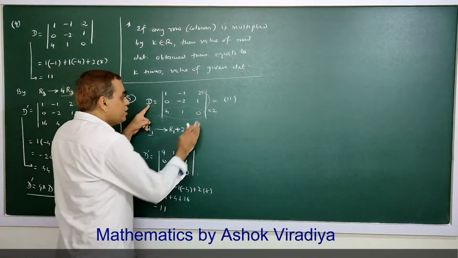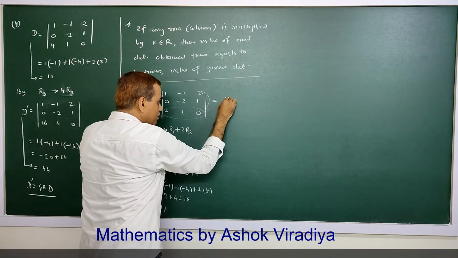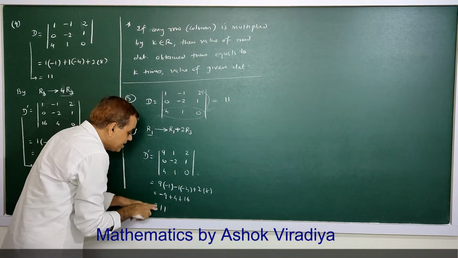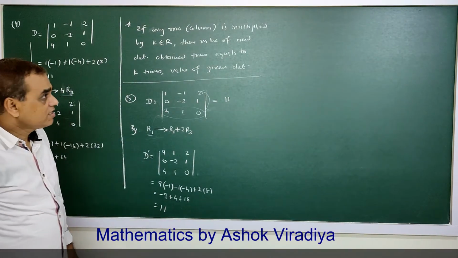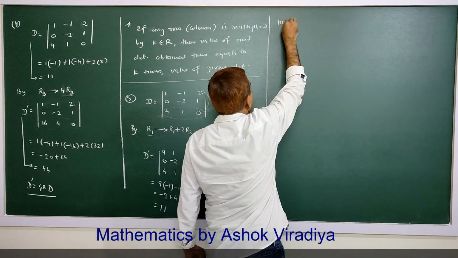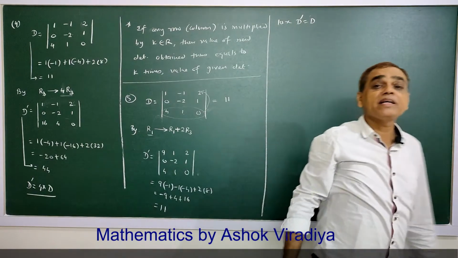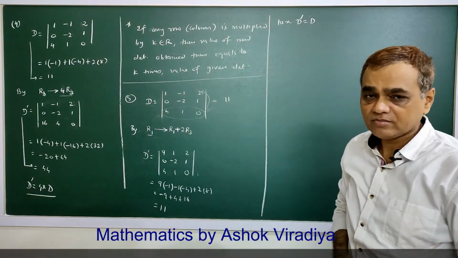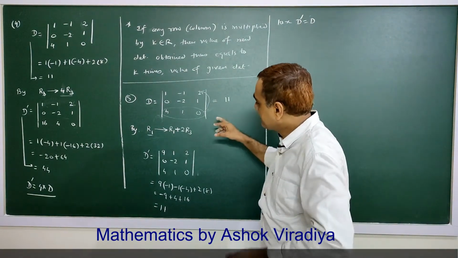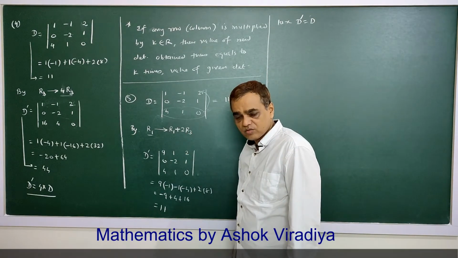D has value 11, and the value of D dash is also 11. So here D is equal to D dash. The value remains unchanged.